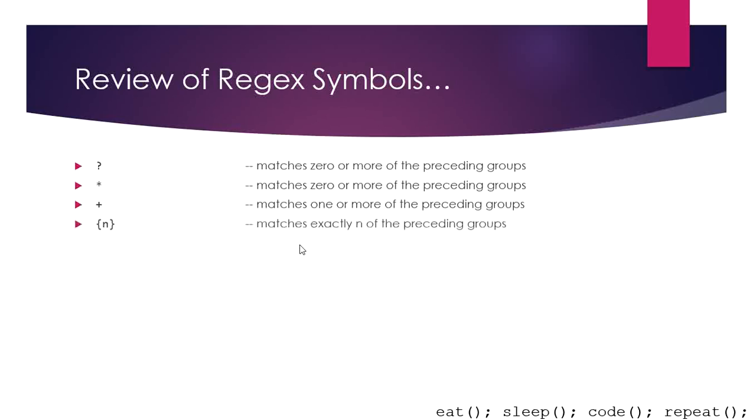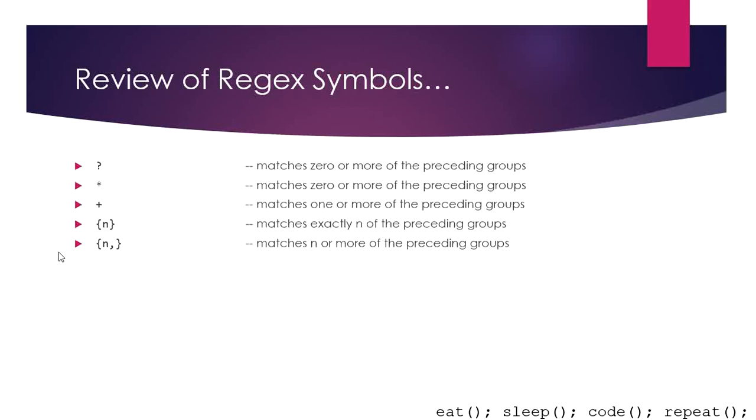So now we have this. Okay, this is the thing which we have seen in the previous video, like curly brackets with n, a number, going to match exactly n of the preceding groups. Then there is something I haven't discussed: in curly braces we write n comma, and nothing.